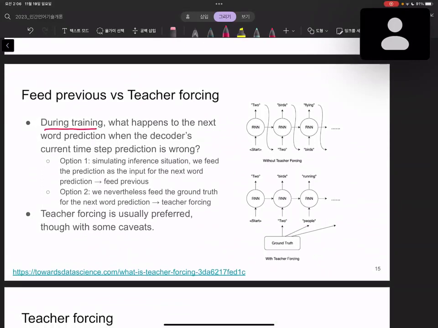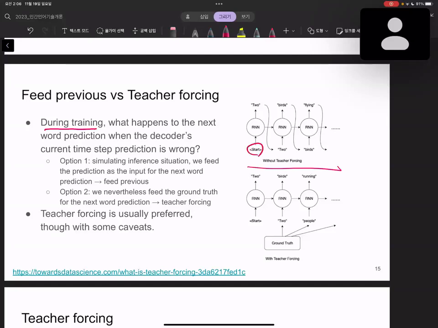During training, what happens to the next word prediction when the decoder's current step prediction is wrong? For example, this is the RNN training process.